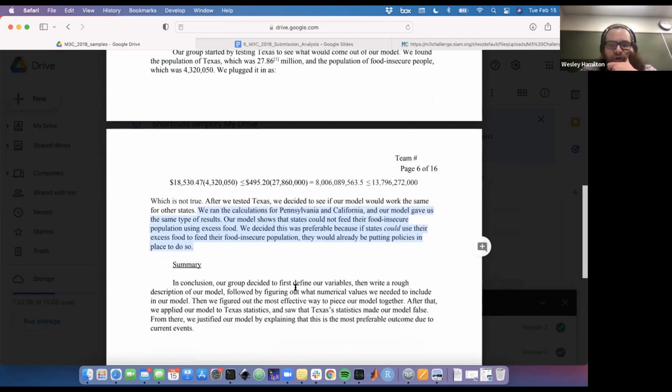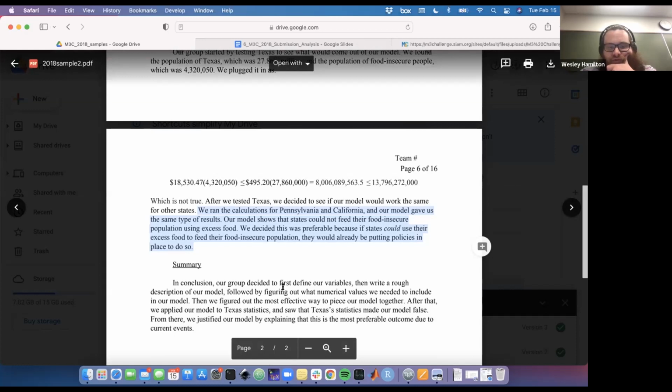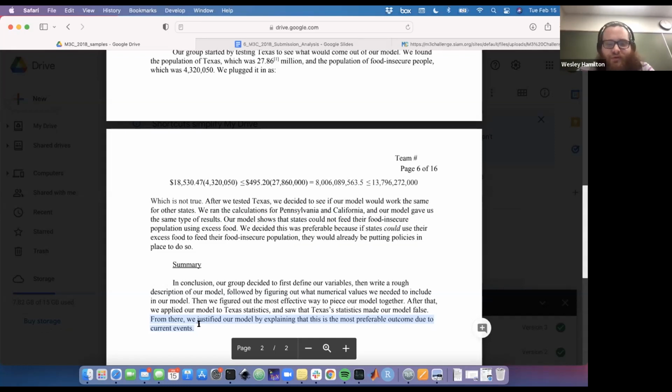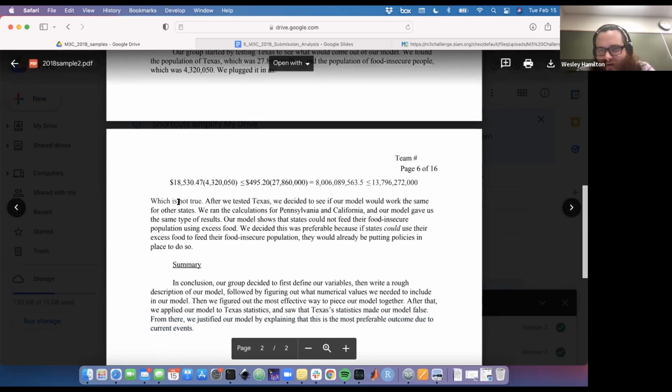In conclusion, right, find the variables, write a rough description, figuring out what the values are. And then they say, we justified our model by explaining that this is the most preferable outcome due to current events. Maybe that wasn't clear to me.